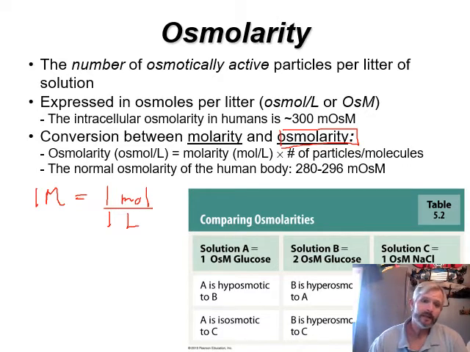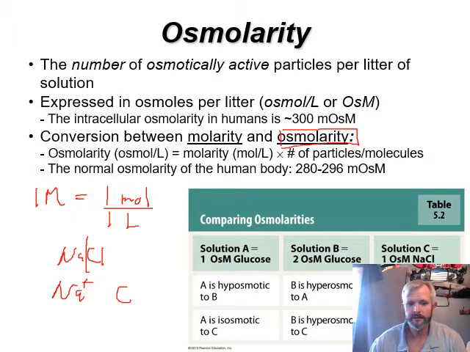This differs from molarity only if the solute is ionic. Because what happens to, say, NaCl? Does NaCl stay as NaCl when I put it in water? What did we learn in our chemistry? No, it divides into Na+ and Cl-. Osmolarity takes this into account. Say I have a 1 molar solution of NaCl.